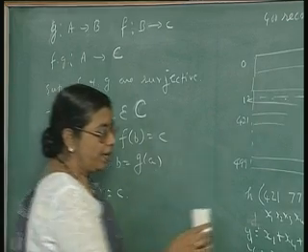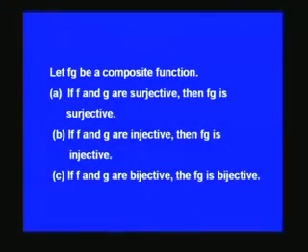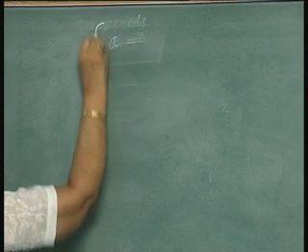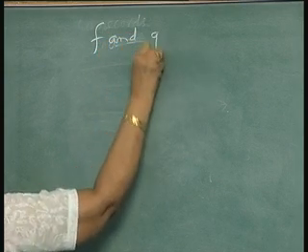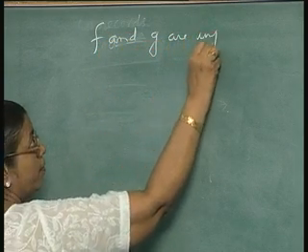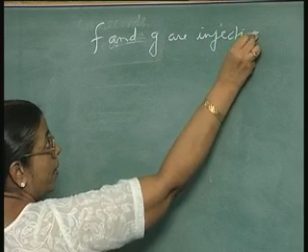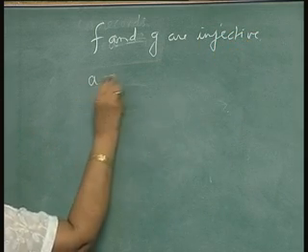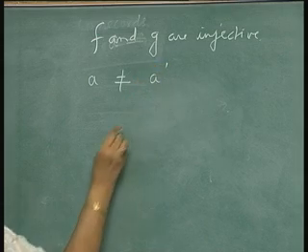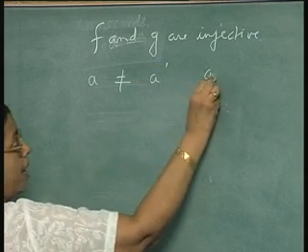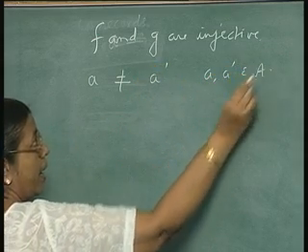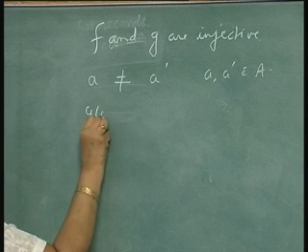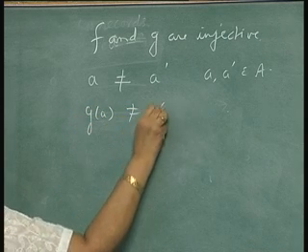Similarly, if f and g are injective, fg will be an injective function. What does that mean? Suppose f and g are injective, that is, take a not equal to a dash, both belonging to A, then g of a will not be equal to g of a dash.